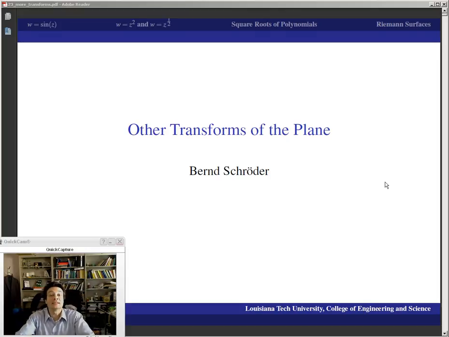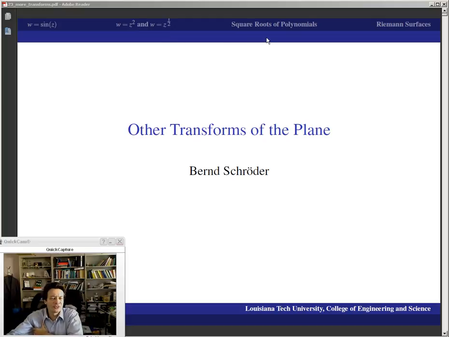Welcome back. Well, aside from checking what Möbius transforms do to the plane, we're also interested certainly in what various standard types of functions do to the plane, and that's what we're going to talk about in this presentation. We're going to take a look at the sine function, and the square and the square root functions one more time.